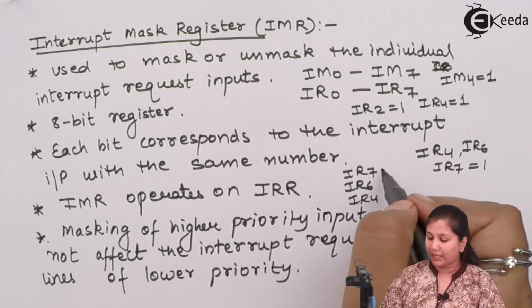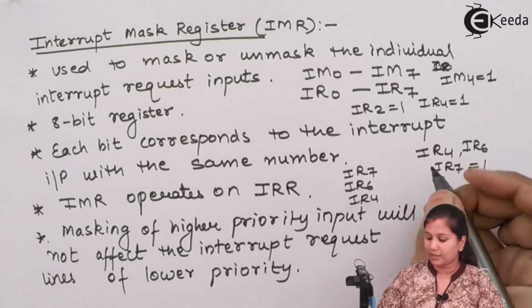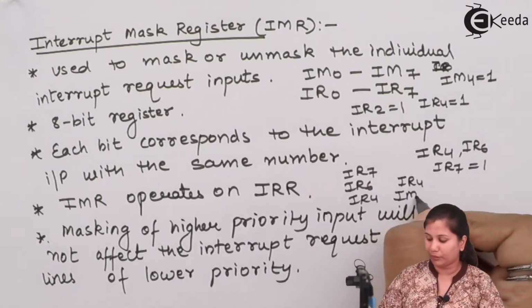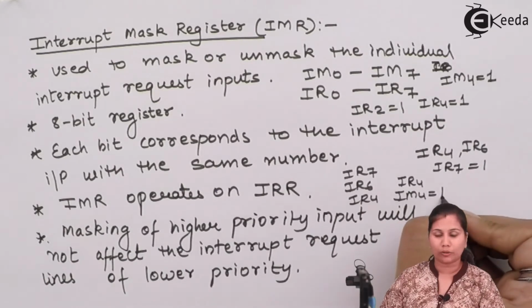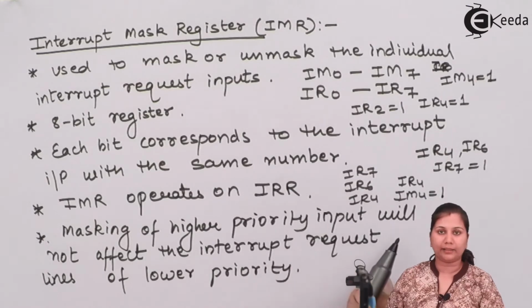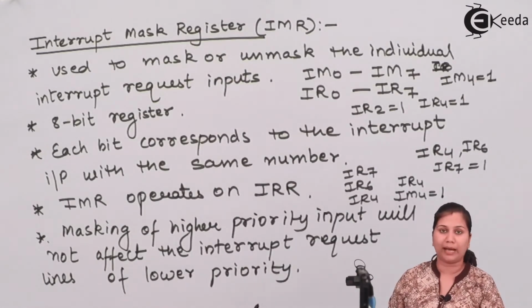So IR7 is being currently executed, whereas IR4, suppose it is masked, so IM4 will be set to 1. Now when we are masking, the higher priority input will not affect the interrupt request lines of lower priority.